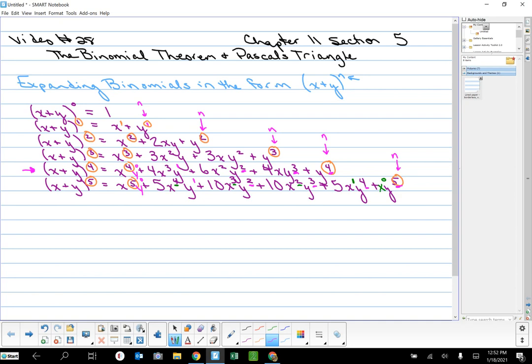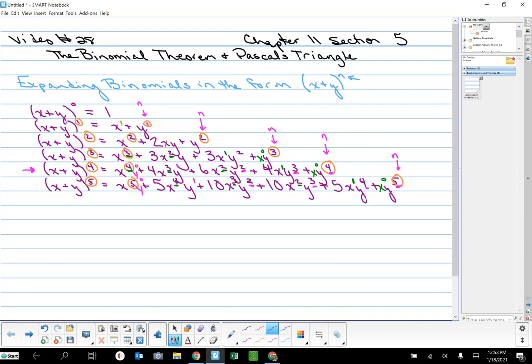All right, and then if you look at I did the x's in green. The x's start at n and decrease by 1. So they go 4, 3, 2, 1, and then none. And that happens every time. 3, 2, 1, none. Every single time.